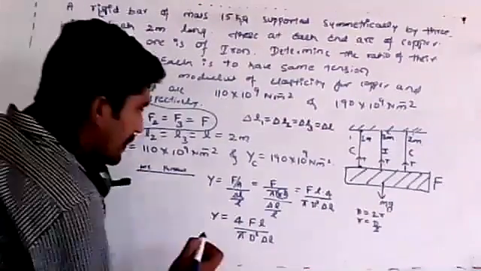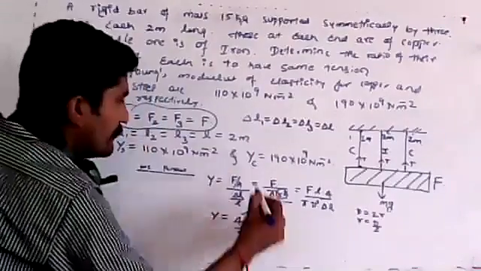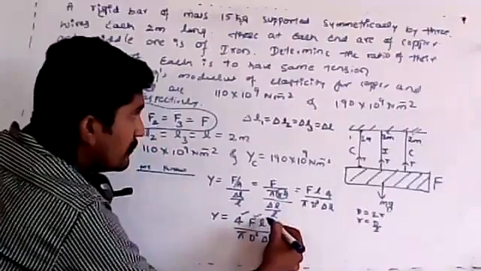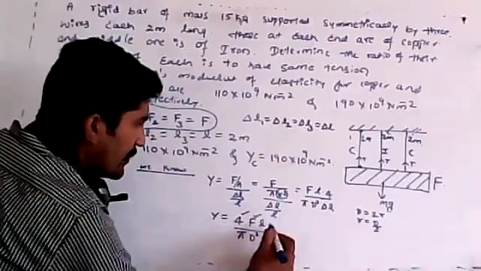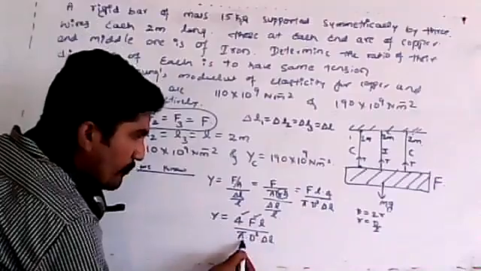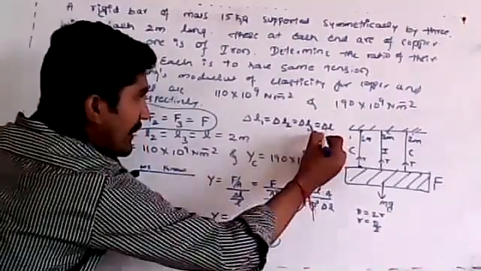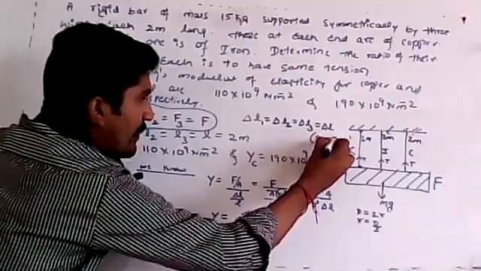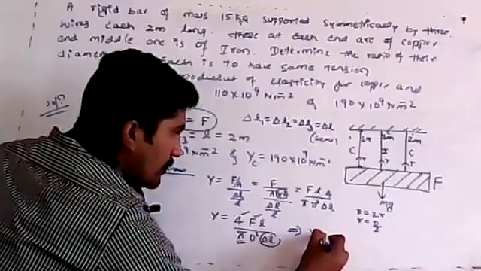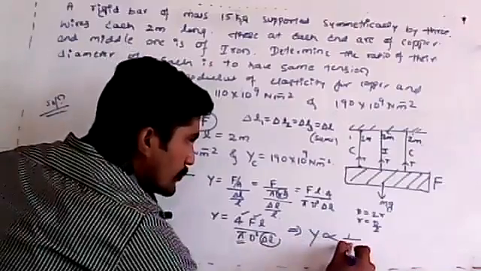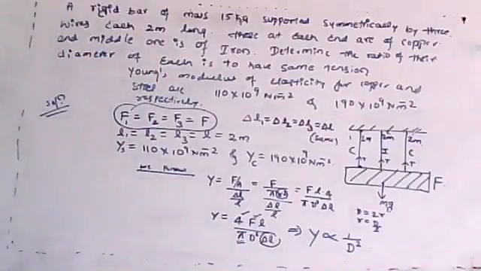Yes. It means this is a constant value. F is also the same constant. L is also the same, 2 meter. Pi has its own constant value. Delta L is also the same. So that's why, remember, students, from this equation we can relate that Young's modulus is inversely proportional to 1 divided by D square.